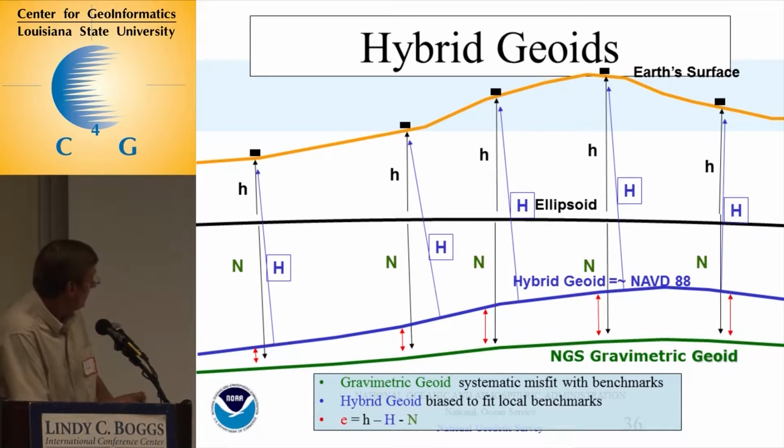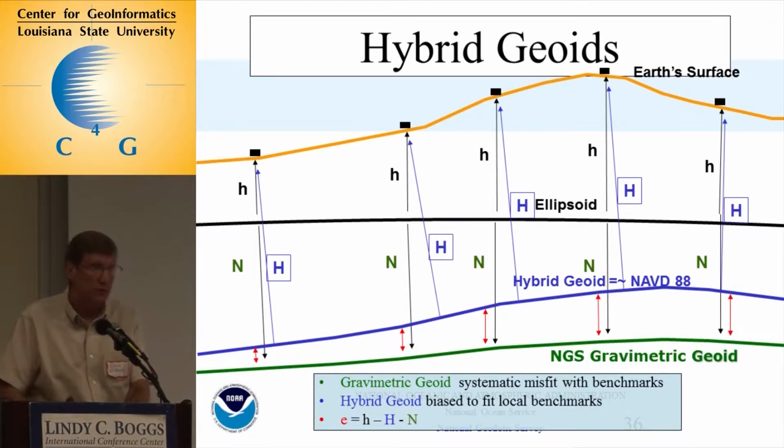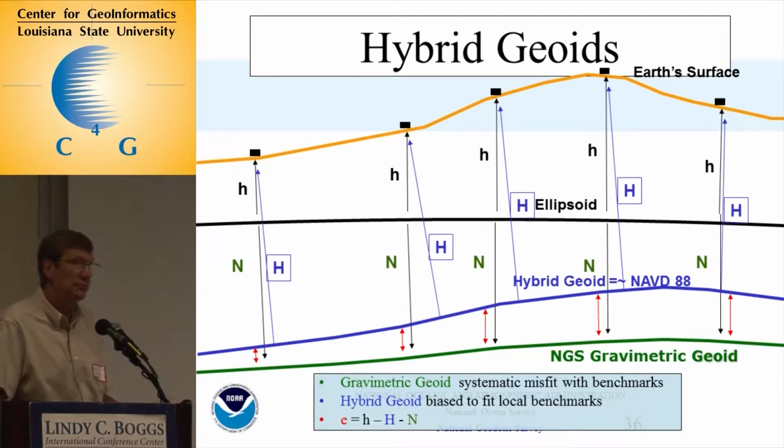If you look at hybrid geoids and gravimetric geoids, what NGS would produce first is what they call a gravimetric geoid. Jerry will tell you more details later on. It's not using anything with the benchmarks, the NAVD 88 benchmarks, to produce a gravimetric geoid. So they have this model that produces a surface where they can say, here's where I think the geoid is.